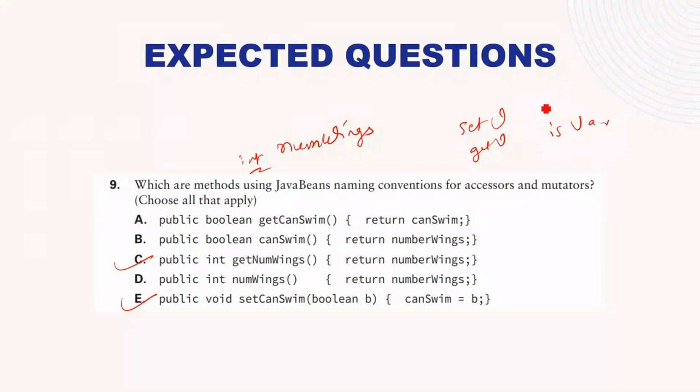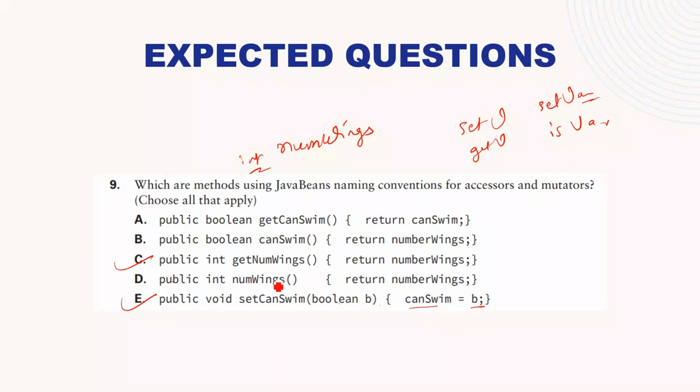So in this case getNumWings is fine. Public void setCanSwim is fine. canSwim is a boolean variable, so it accepts boolean b, and canSwim equals b, which is fine. So this is okay.